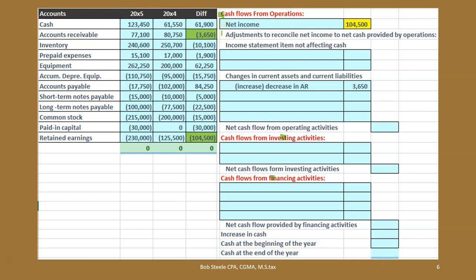Also note that if we look at the cash flow from operations, we've got two sections here, and one section is generally called changes in current assets and current liabilities. So basically all changes in current assets and current liabilities, including accounts receivable, would be in this section within the operating section. Now then there's the question of, does it increase or decrease the net income from operations if we were thinking about a cash basis?